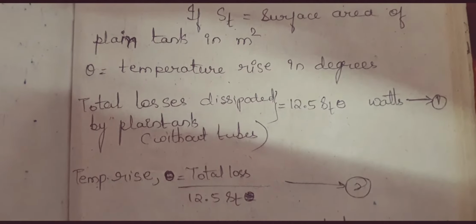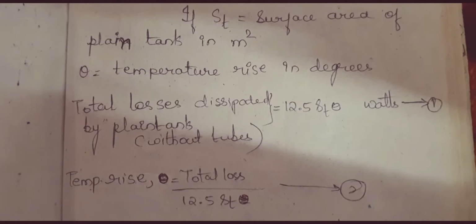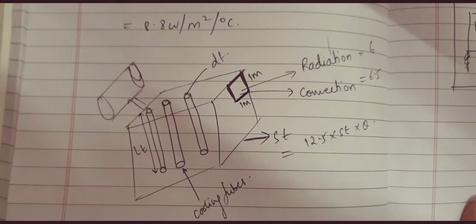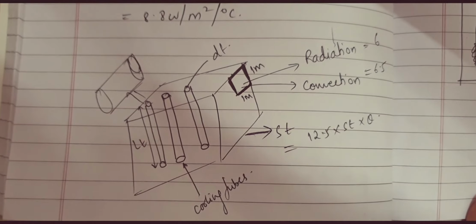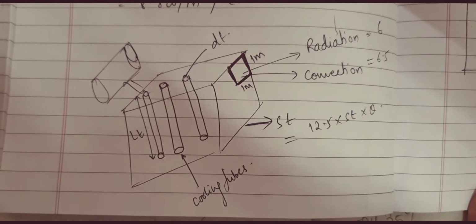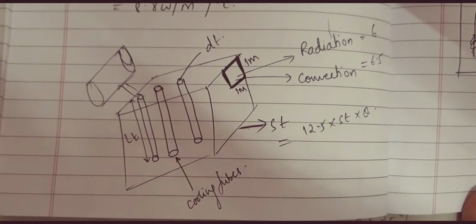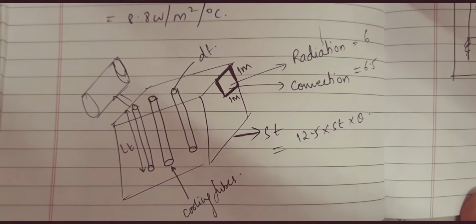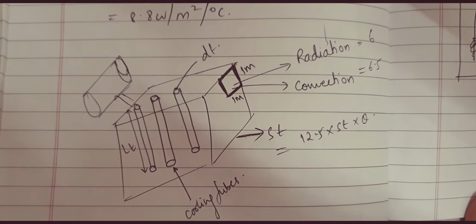Now let us understand how we got this total loss dissipated as 12.5 St theta. You can see here this is a transformer, how it practically looks like. Now I have shown you here one small square box of size 1 meter by 1 meter.